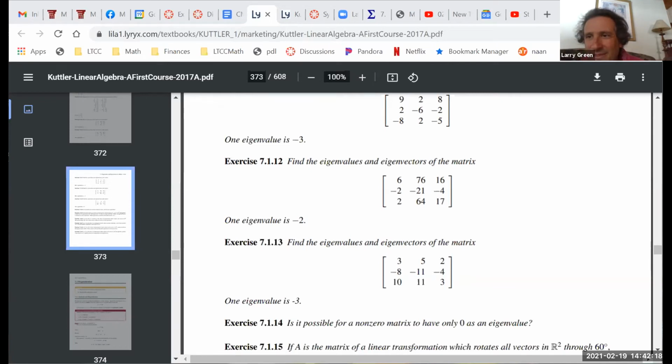Did you all give up? All right, maybe you're tired. Equals 0, because we always set the determinant of A minus lambda I equals 0. Okay, this is messy. Do you agree?